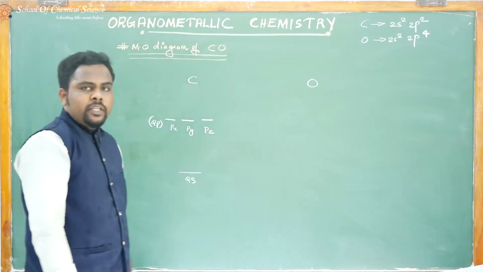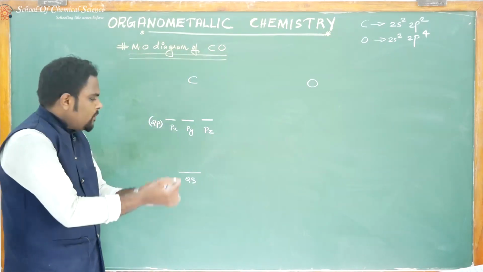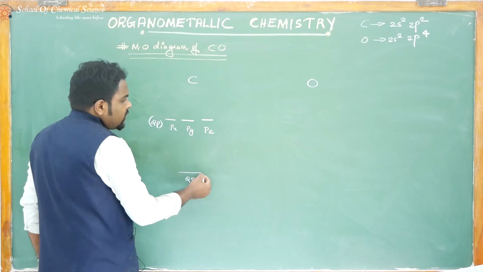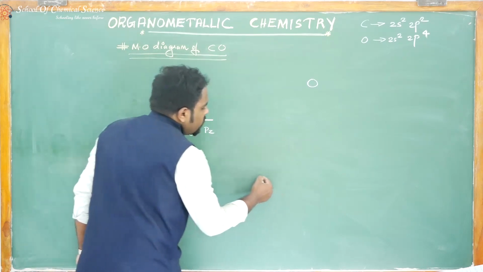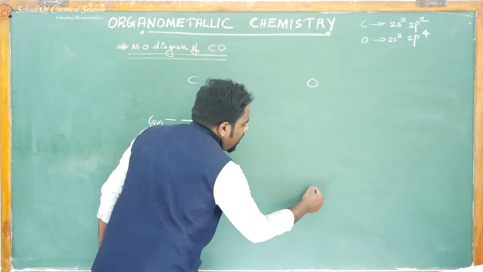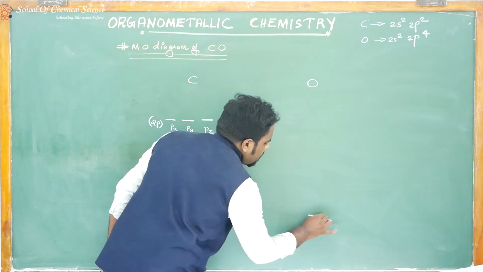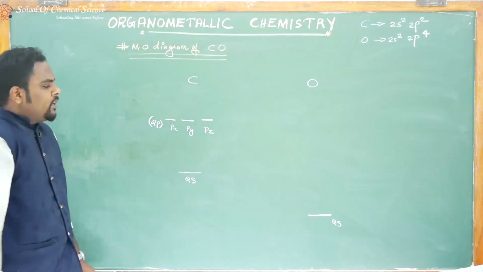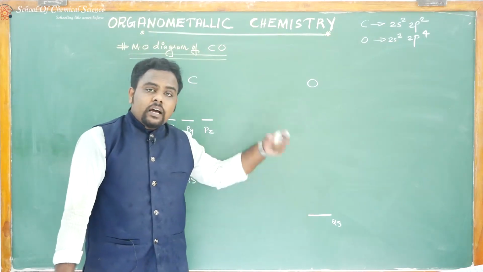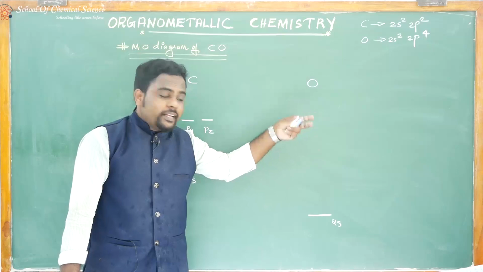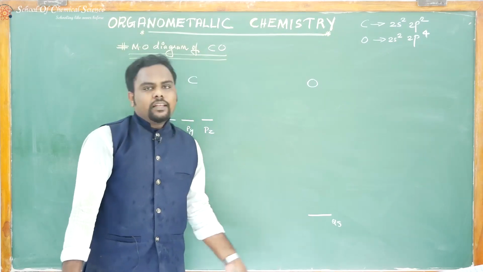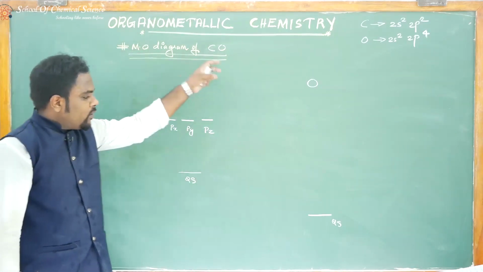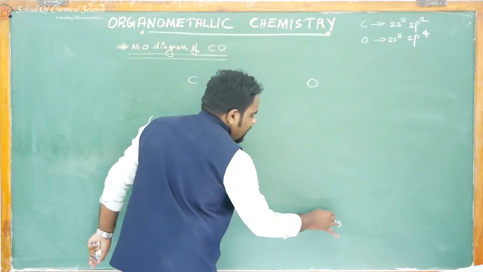You know oxygen is more electronegative. Here this is the 2s orbital of carbon, but the 2s orbital of oxygen is somewhat lower in energy. Why? The atomic orbitals of an electronegative atom have low energy.